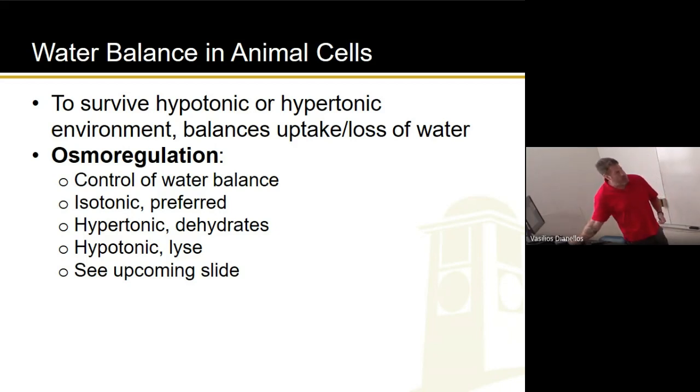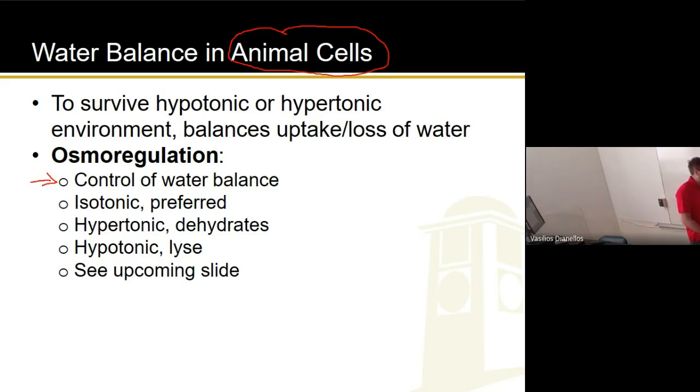That might be a word that you should know, osmoregulation. Kind of in the word though, or it's in the name. Osmo, short for osmosis, regulation. So it's using osmosis to regulate the amount of water, control the water balance. So right now, by the way, we were talking about animal cells because it's different from plant and animal cells, and you'll need to know the difference for the exam.